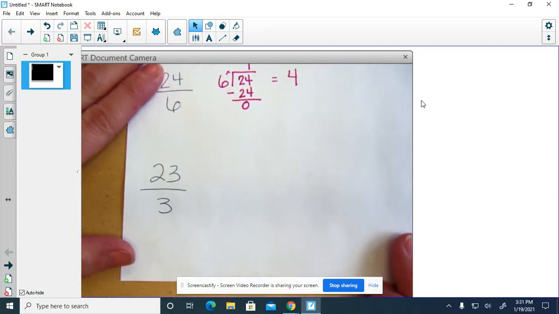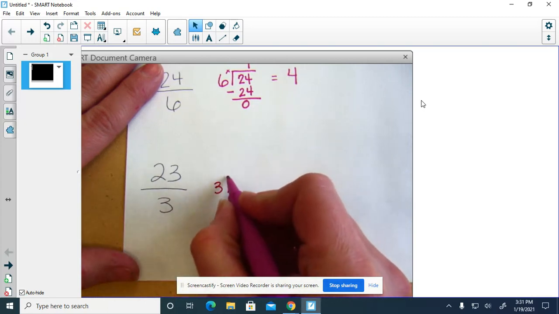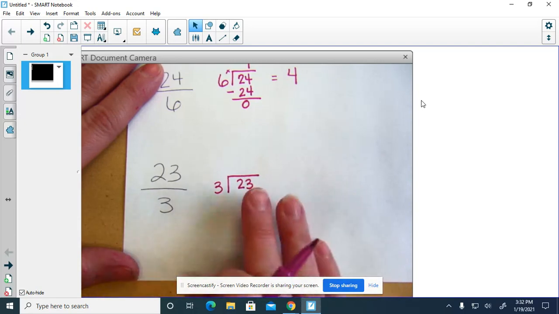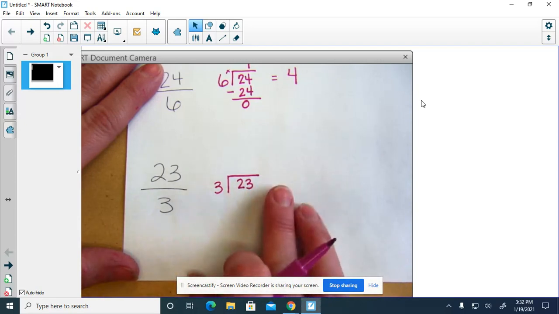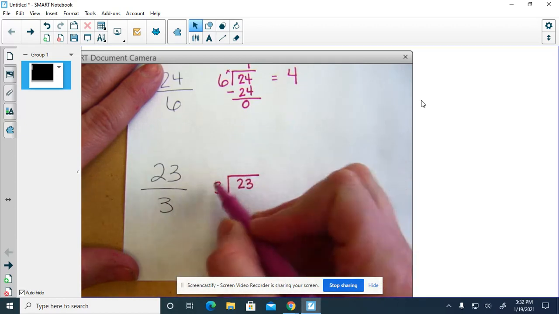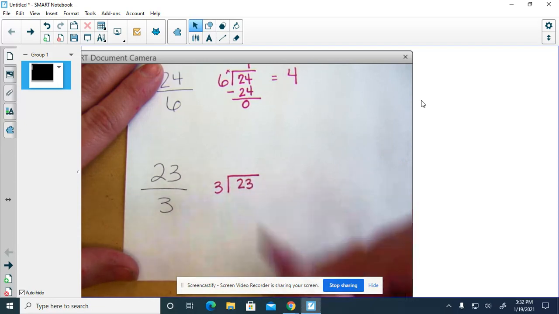Now let's look at 23 thirds. Same concept. You're going to take 3 outside your house, and you're going to put 23 inside your house. Now we have to figure out how many times 3 goes into 23. Okay. So 3 cannot go into 2. And so now we need to look at 3 into 23.